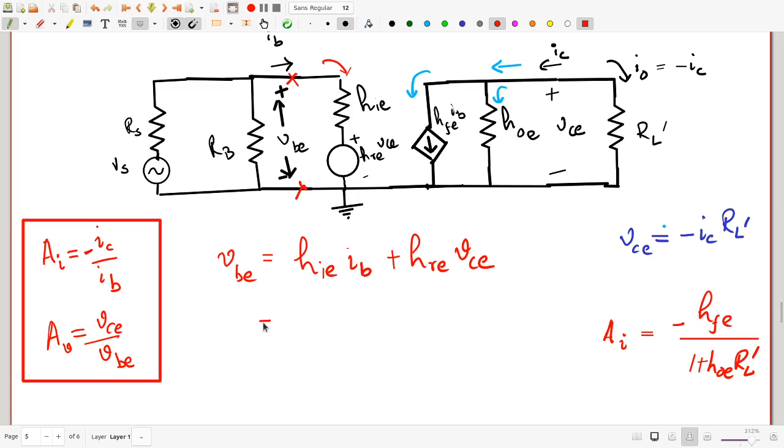So your job, well, the simple thing would be to write everything in terms of one factor, let's say IB. So you want to take HIE, keep HIE in, move IB out of the bracket. Well, the VCE is minus IC RL prime. So this is minus HRE RL prime, right? And then you need to replace the IC in terms of IB. That's a further HFE by 1 plus HOE RL prime.